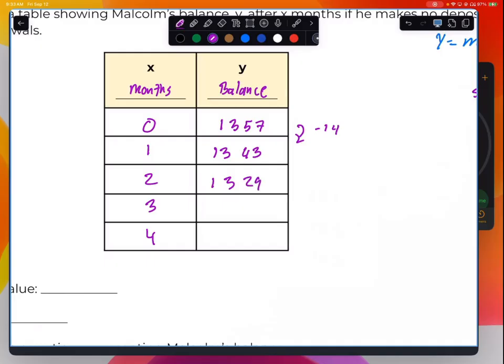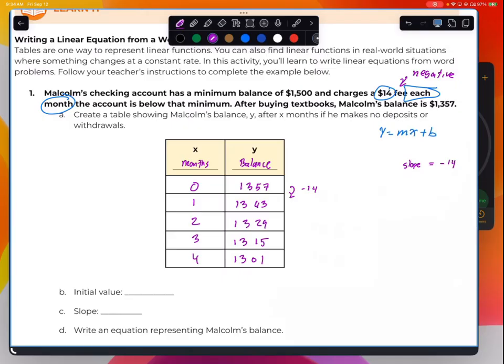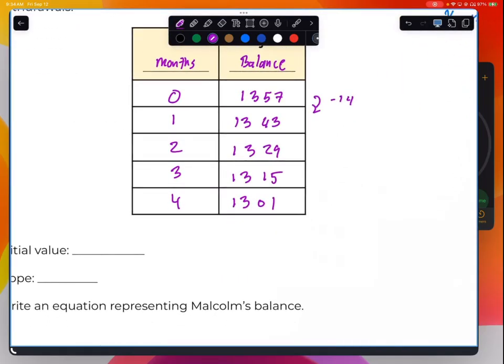Next one, 1,300 in. 15. Perfect. Finally, 1,300 and 1. So after 4 months of not buying anything, Malcolm's account went from $1,357 to $1,301.